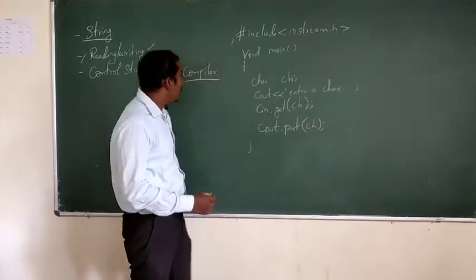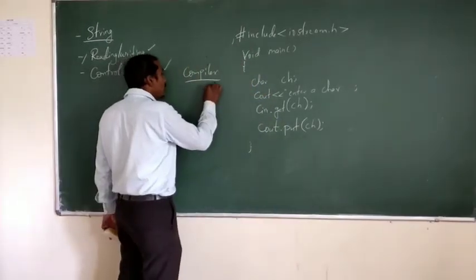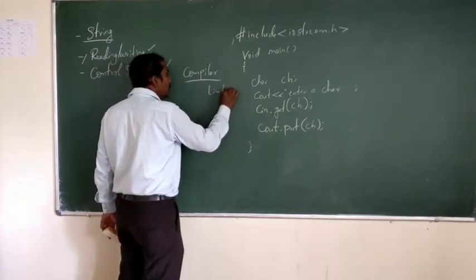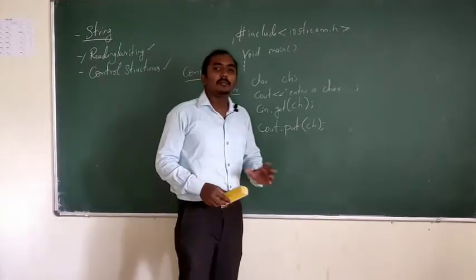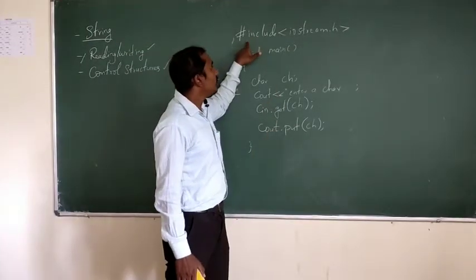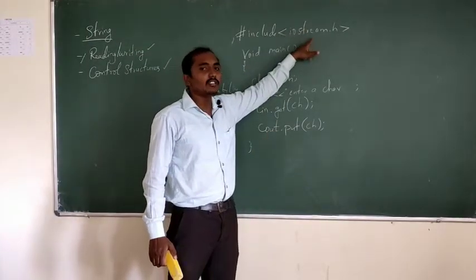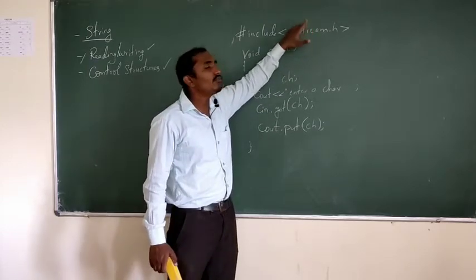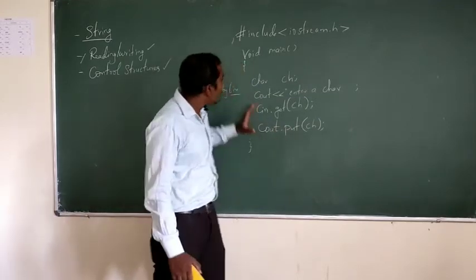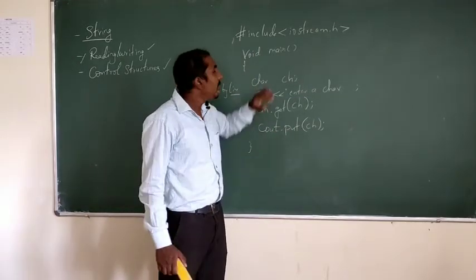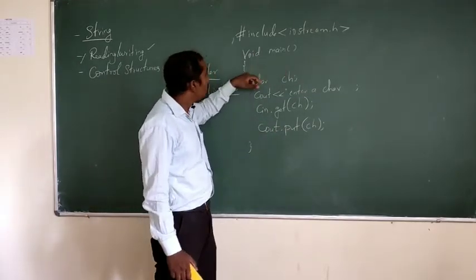Now this compiler is going to execute line by line statements. So if I take this example, whenever the program execution starts, it starts with #include stdio.h. That is, this header file will be included into your program, and the execution starts with the main function.